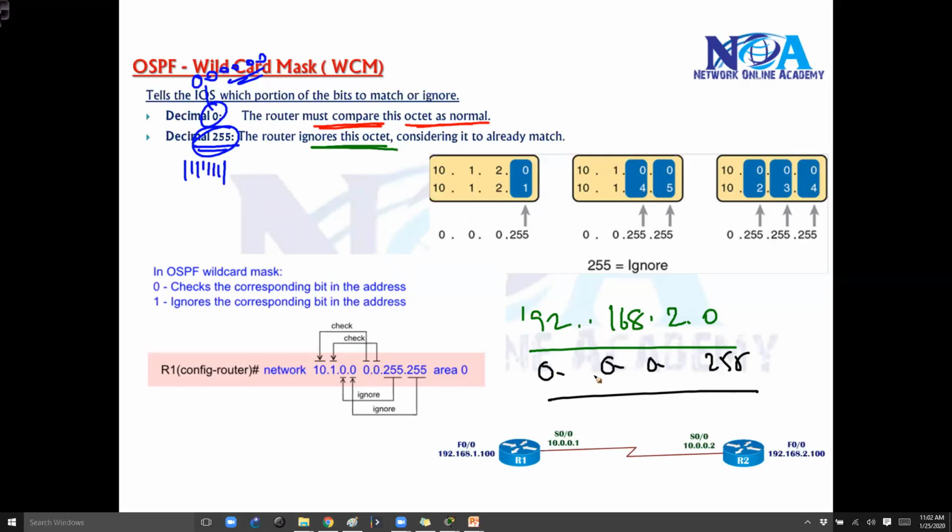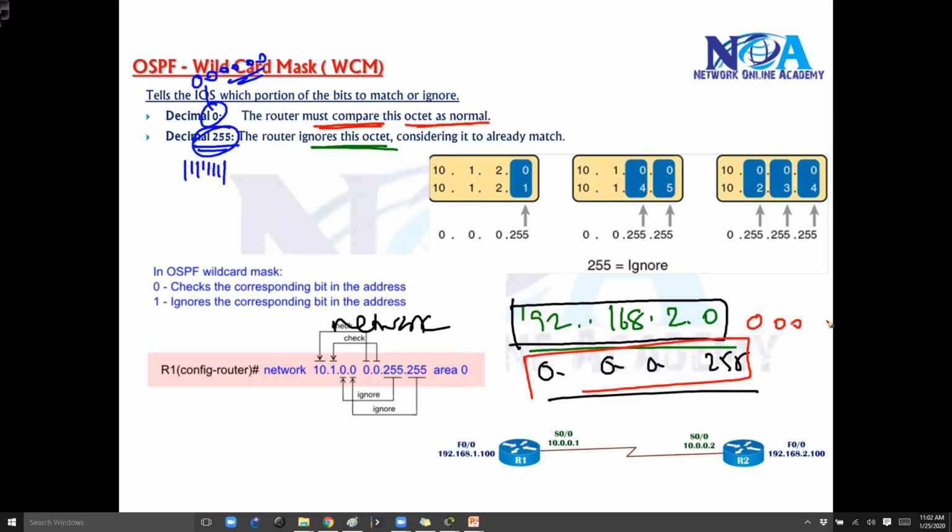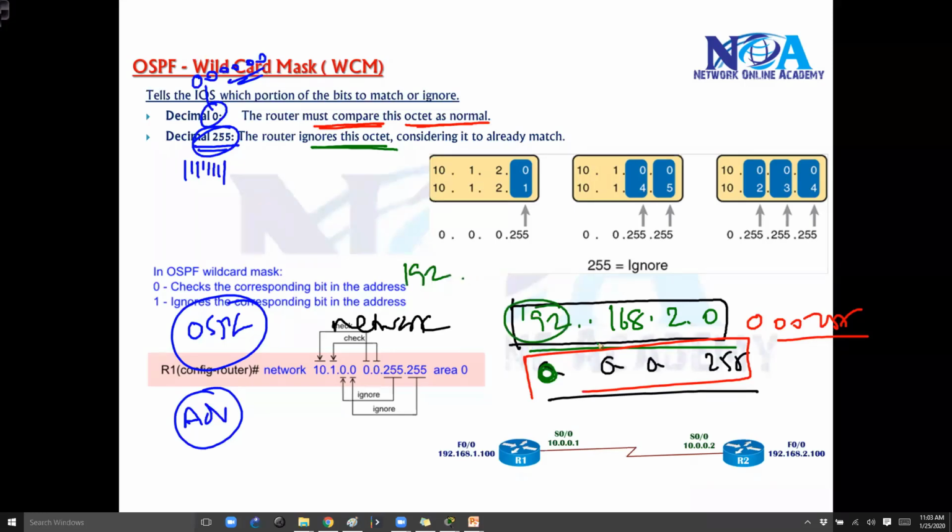Which means in this example, when I say network 192.168.2.0, and then if I write the wildcard mask of 0.0.0.255, what this says is it's going to tell the OSPF to advertise all the addresses whichever having the zero. Zero means advertise the address which starts with 192.